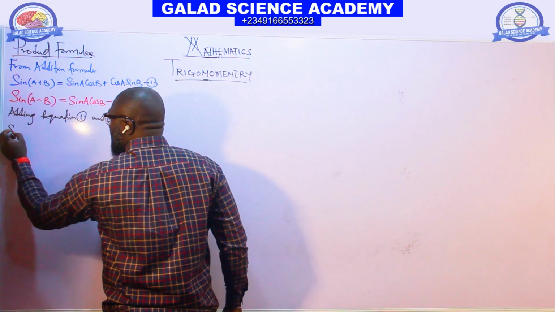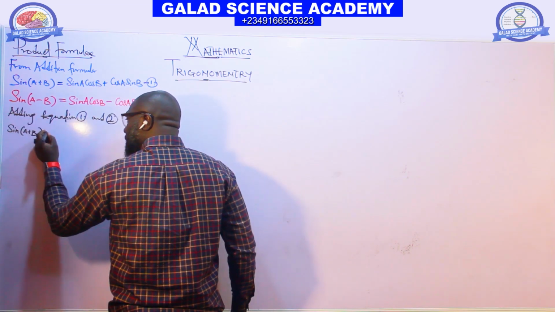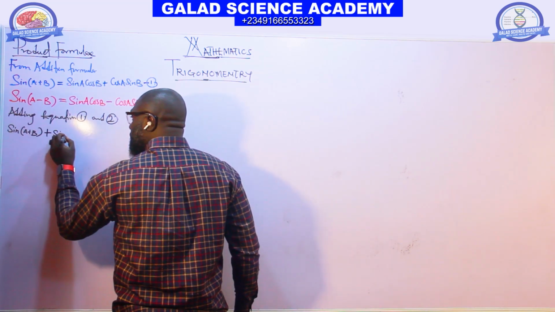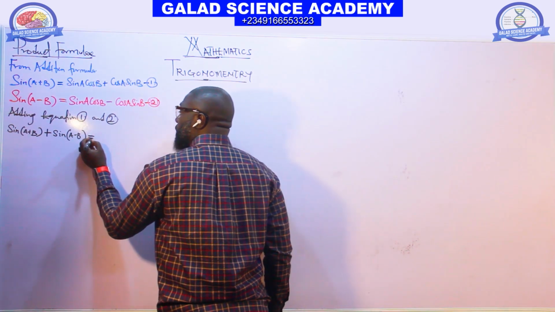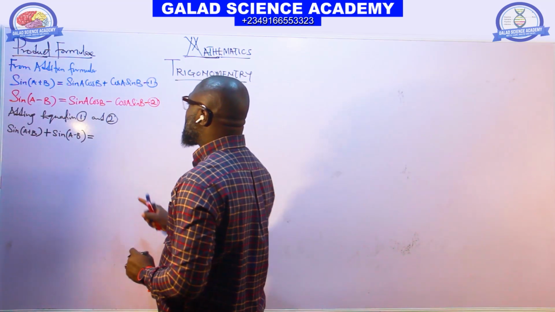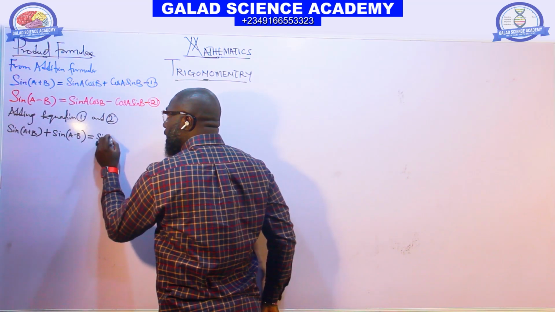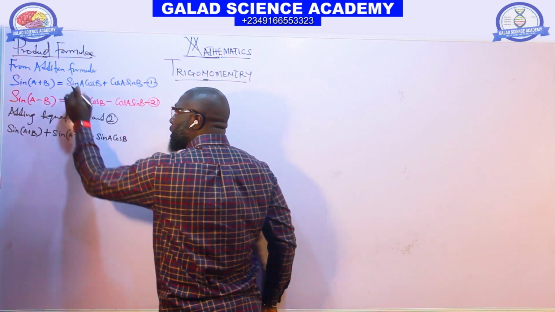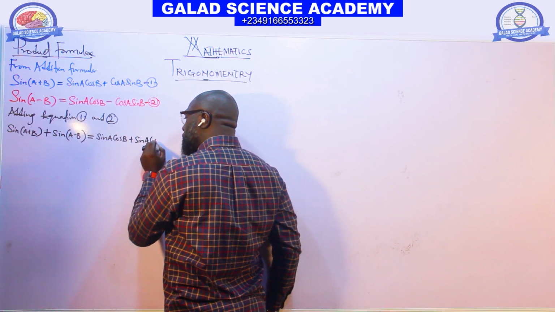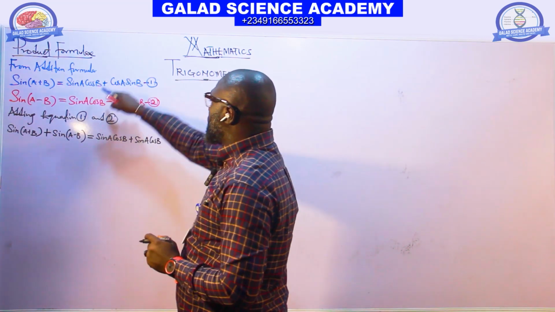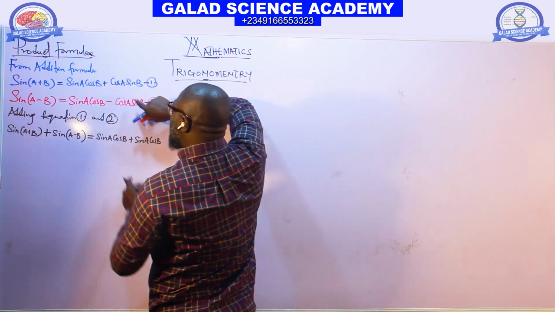Sine A plus B plus sine A minus B. Here we have sine A cos B plus this one, sine A cos B. But here, this is cos A sine B, one is plus, and this one is negative.